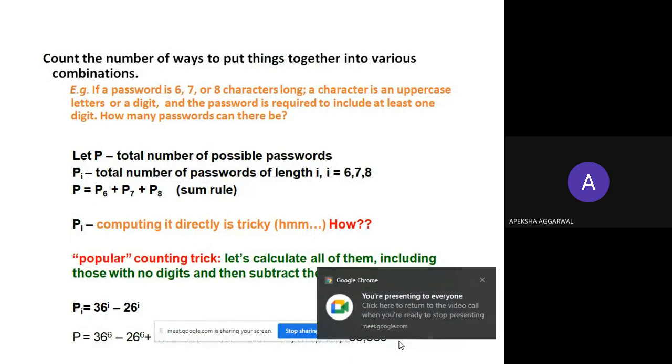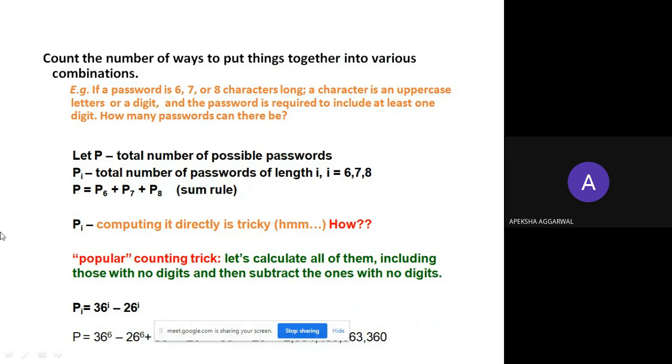P is equal to P6 plus P7 plus P8, meaning a 6 digit password, or a 7 digit password, or all the possible combinations of an 8 digit password. So either the password would be 6 digits long, or 7, or 8 digits long.